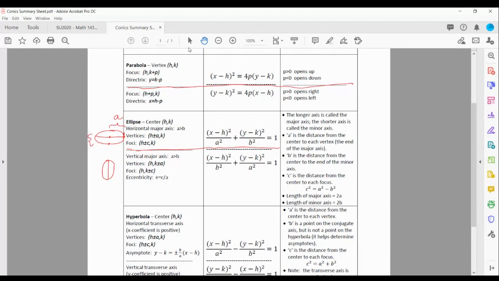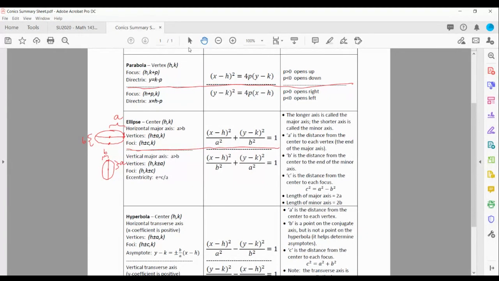So that would be our B, the distance from the center to the end of the minor axis. The same thing would be down here when it's vertical. Here's our center. That would be the vertex. So this would be A. And that distance right there would be B, down below.